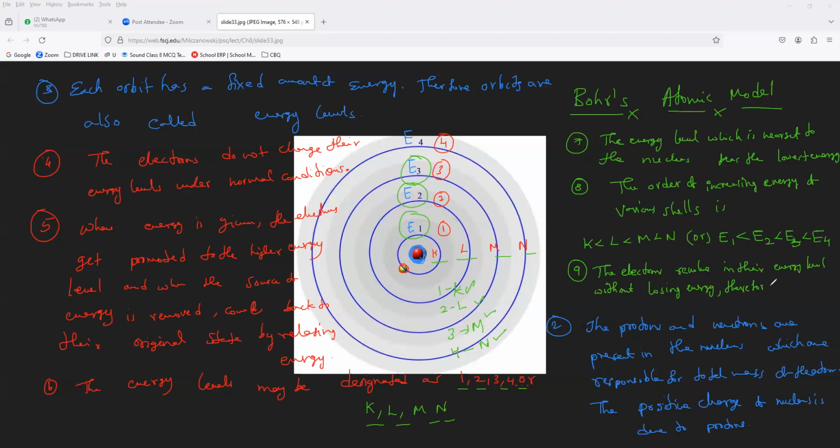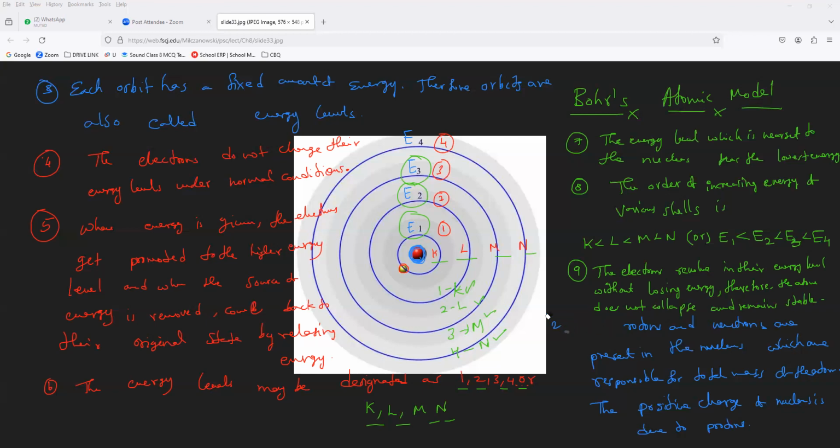Therefore, is it possible to lose energy? Therefore, will the atom collapse? No. The atom does not collapse and remains stable.